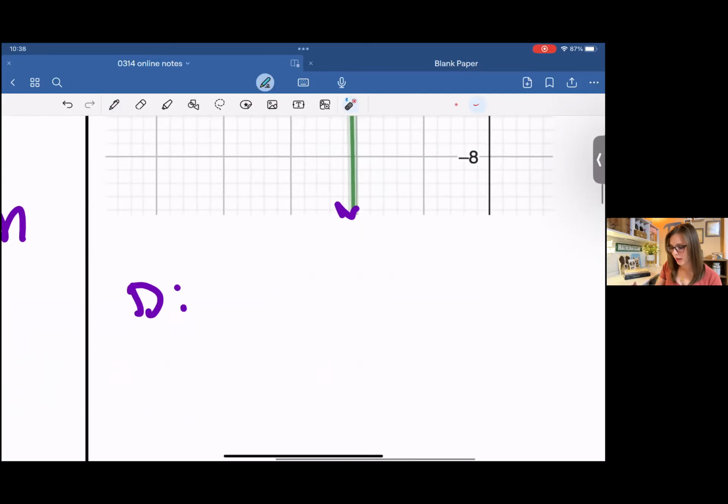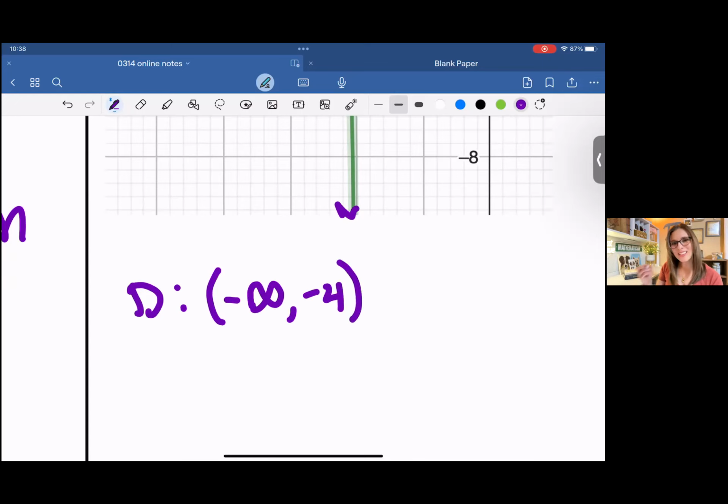And how you're going to do that is with a union of sets. So I'm going to write this as it goes from negative infinity to -4, but it doesn't equal -4 because it never touches -4. But there's still more graph. And so how you say that is there's a break here, but there's still more graph. We call it a union.